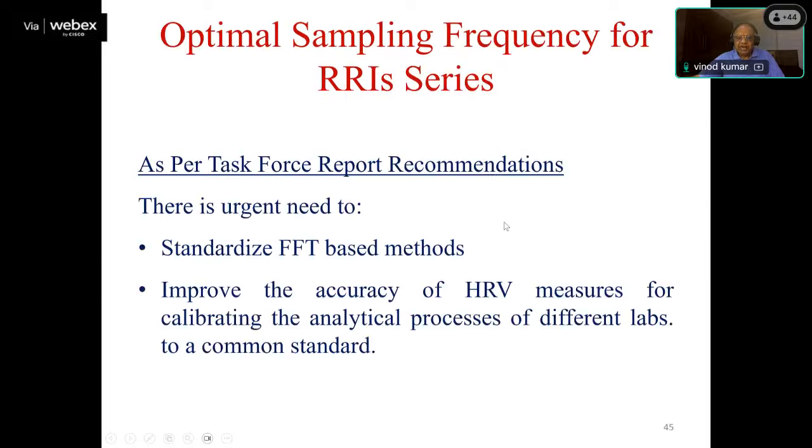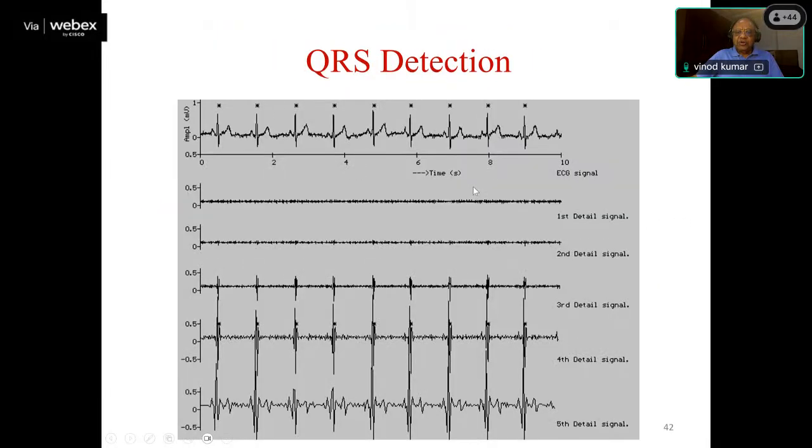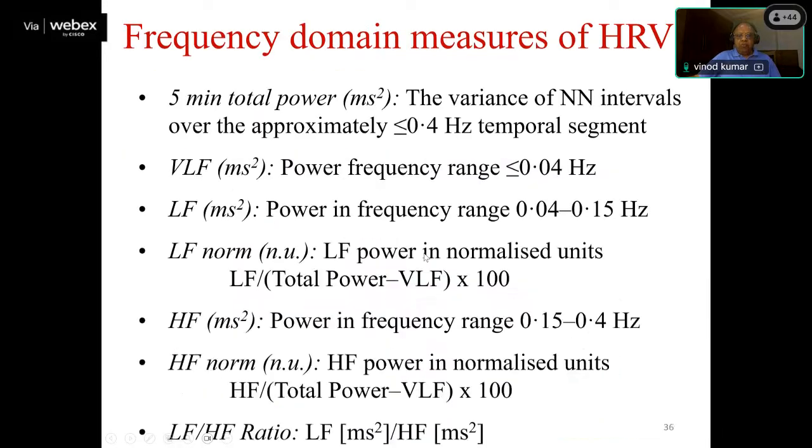Various task forces have recommended various methods. So they have used previously sampling frequencies of 8 hertz, 7 hertz. 500 hertz is the sampling frequency for the ECG signal. And the HRV signal, I have told you, is a very low frequency signal. You will find that the HRV signal has content up to 0.4 hertz.